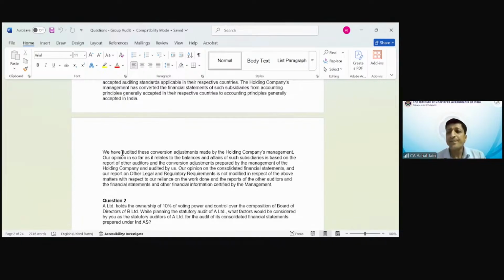Anyone else? If you'd like to add to this, over to you quickly. Yes, so he will determine the materiality level. Okay, so what does it mean? Can you please explain?